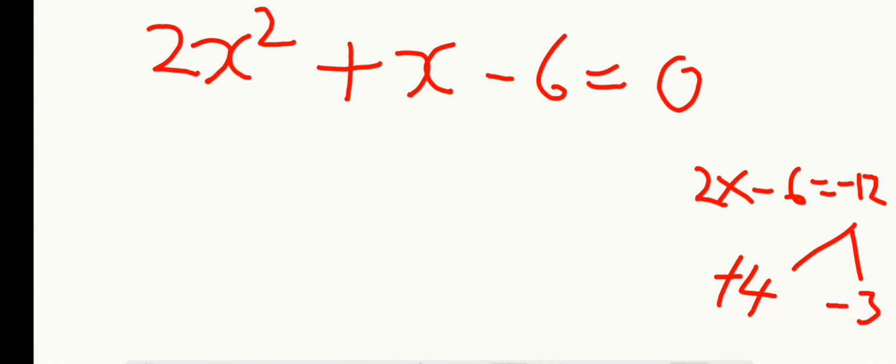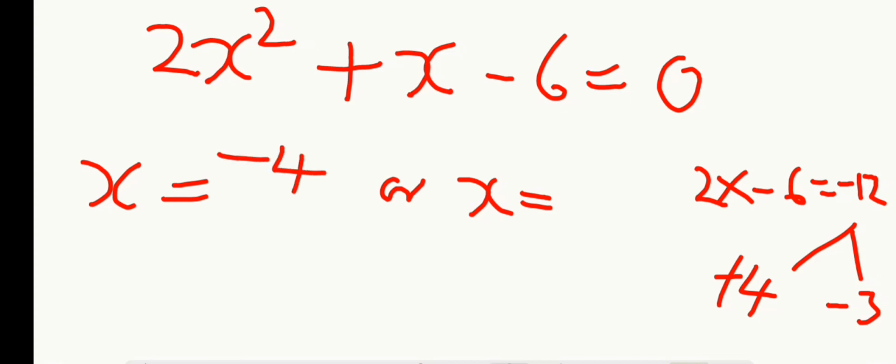So in that case, x will equal something, or x will equal the other one, just like the way our quadratic equation is. So what will be the first answer? Since this is positive 4, we're going to change it to negative 4, so it's going to be minus 4. Then, since this is negative 3, we'll change it to positive 3, so it's going to be plus 3.